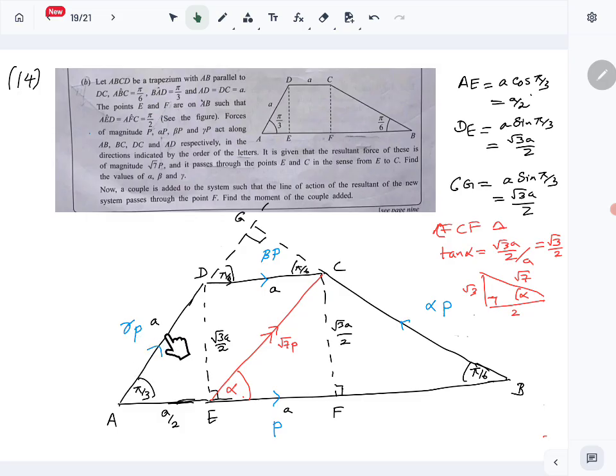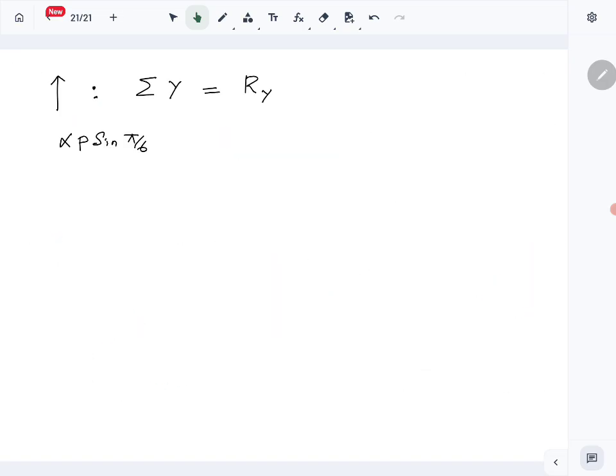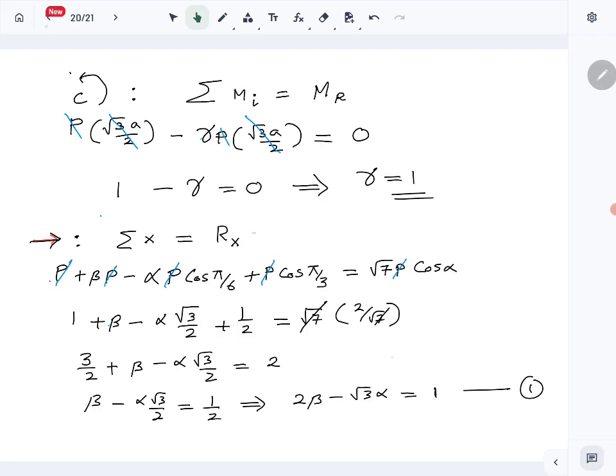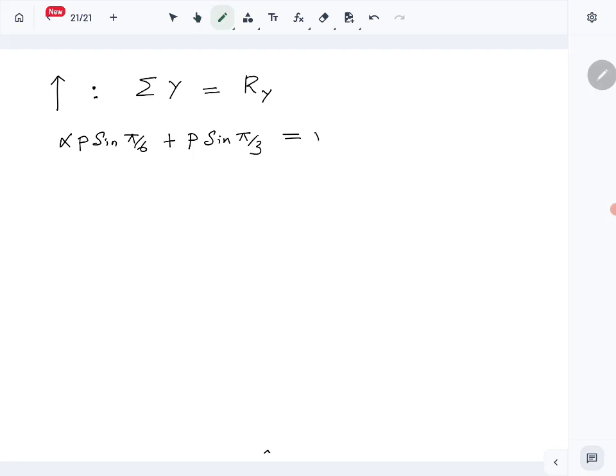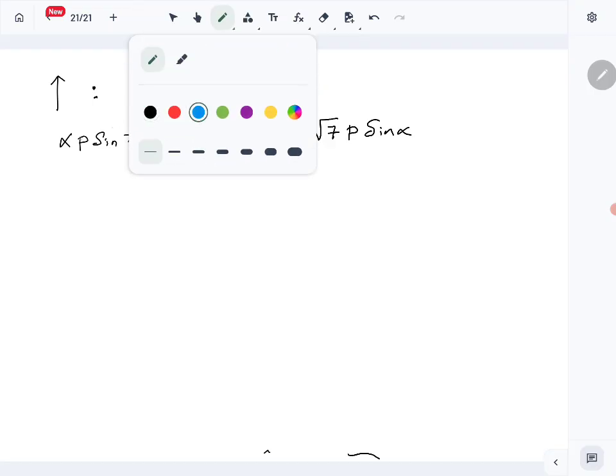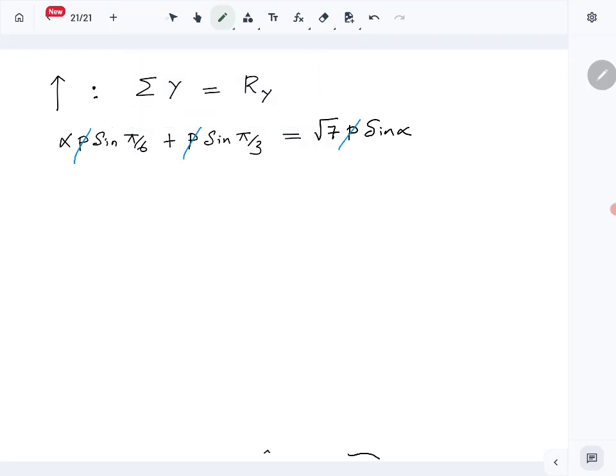Gamma is 1, so this is P sine pi over 3. This equals the resultant vertical component, which is also positive, root 7 P sine alpha. Again we can cancel the common P.